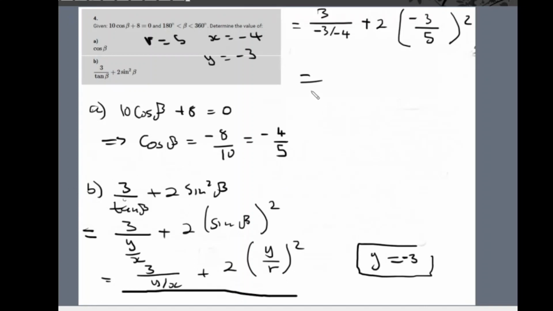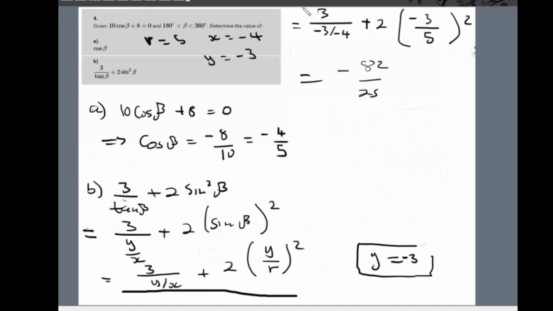It's minus 82 over 25, right? Sorry, -82 over 25.